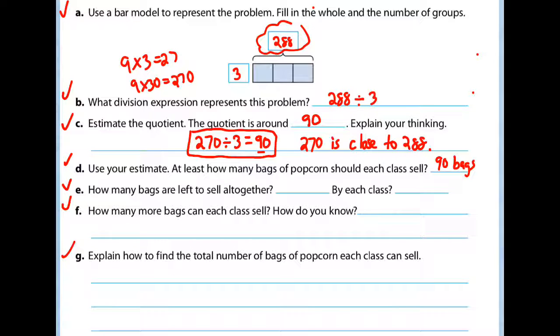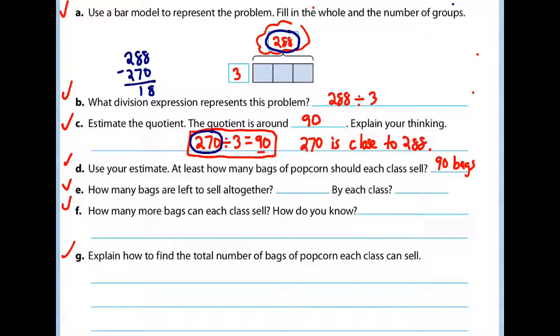Now, in E it says how many bags are left to sell altogether and by each class. So let me explain this one for you here. What we just did when we rounded is I rounded my bags of popcorn down to 270 to estimate, to do 270 divided by 3. But the original bags of popcorn is 288. So how far down did we round down? Well, if I do 288 minus 270, we lowered it by 18 bags of popcorn.